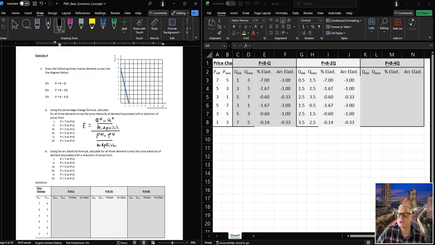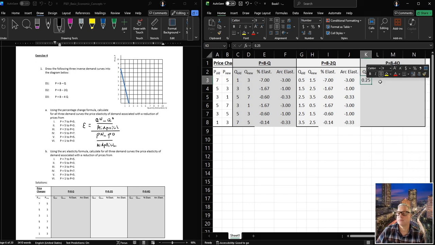At the price of 7, the Q old is 0.25. And at the price of 5, it is 0.75.